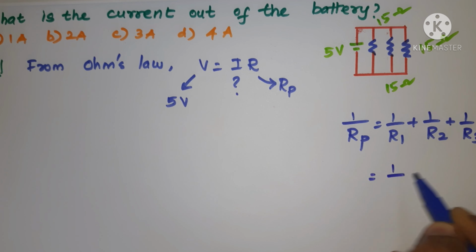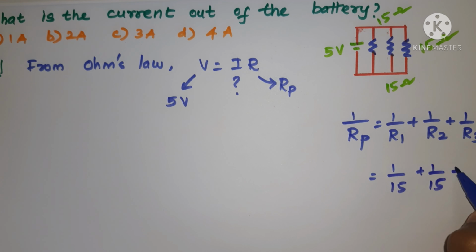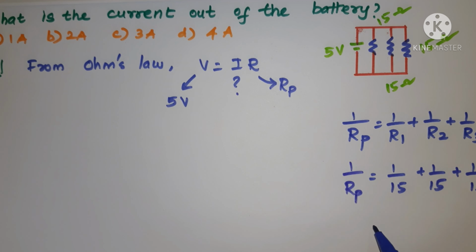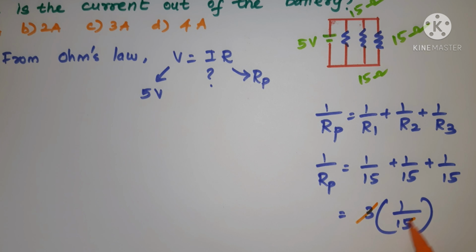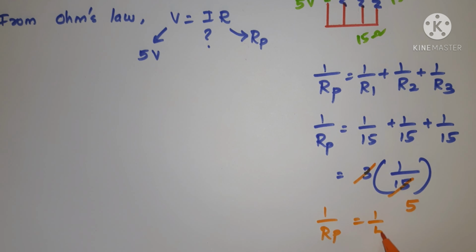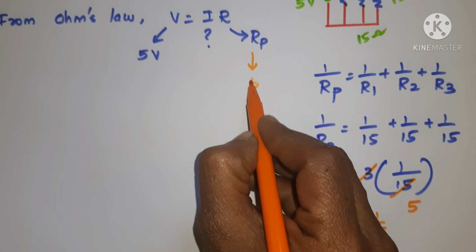This is equal to 1 by 15 plus 1 by 15 plus 1 by 15. So 3 times 1 by 15 is there. We cancel, we get that to be 1 by 5. So 1 by Rp is equal to 1 by 5. So we have here Rp is equal to 5 ohms.